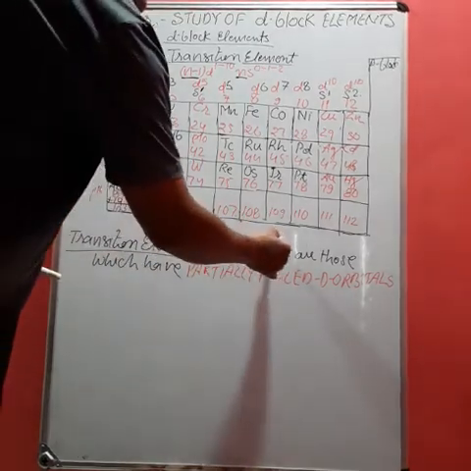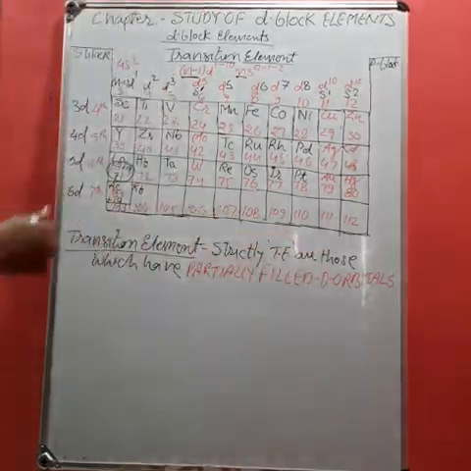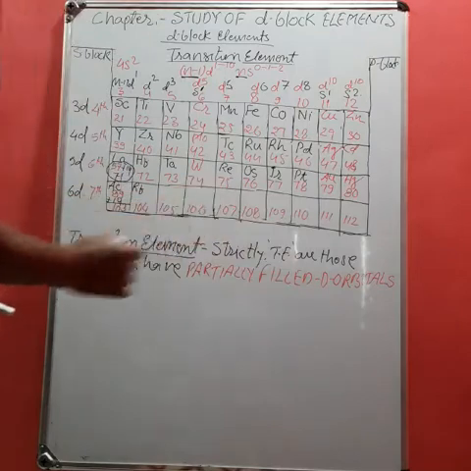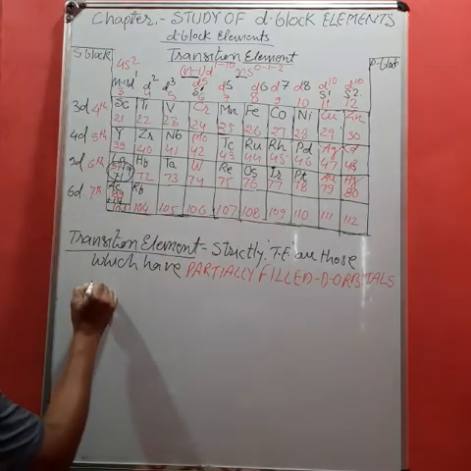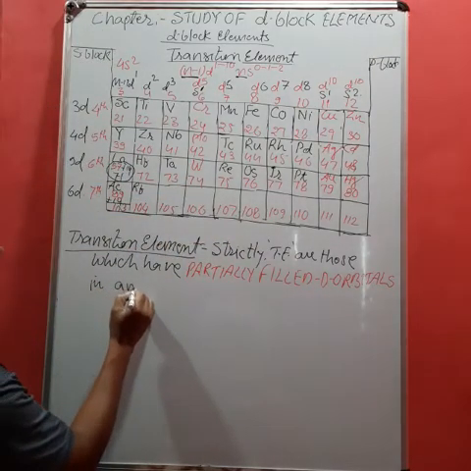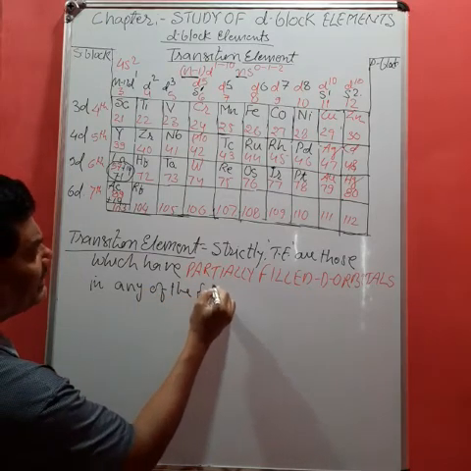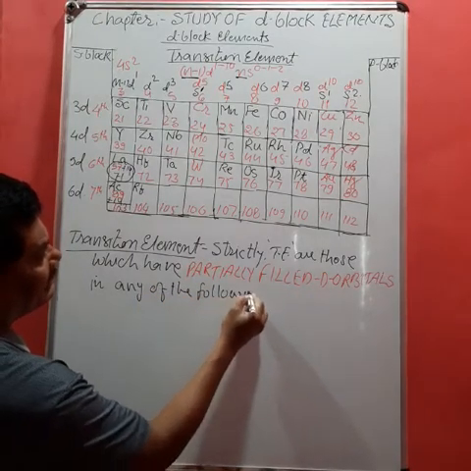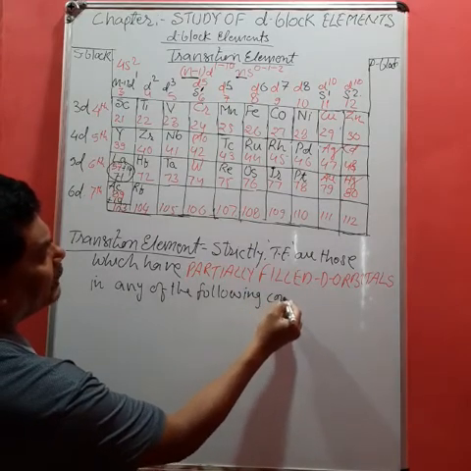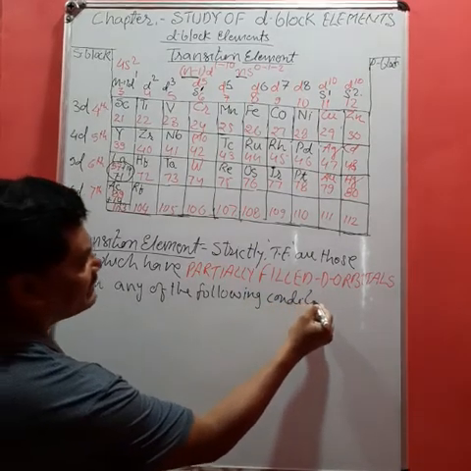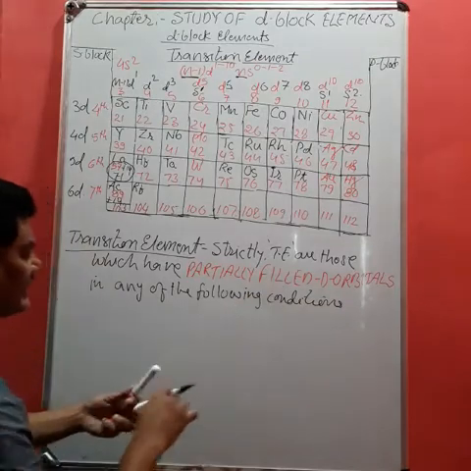Strictly, transition elements are those which have partially filled d orbitals in any of the following conditions. Now, what are these conditions?